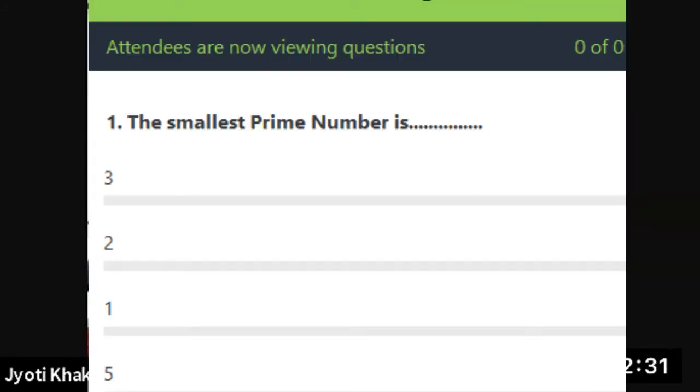The first question. The smallest prime number is dash. Remember the chart of prime numbers. Which is the smallest? And the 4 options given to us are A, 3, B, 2, C, 1, and D, 5.